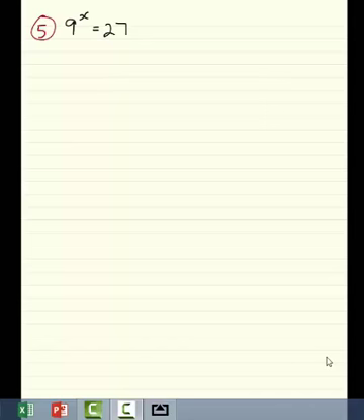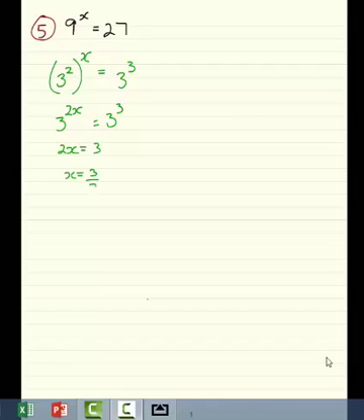And I can write them with a base number of 3. So 9 is 3 squared. So what this is equal to is 3 squared all to the power of x, and 27 is 3 cubed. So once I write them both with the same base number, it's really easy. Well, 2x is equal to 3, so x is equal to 3 on 2.